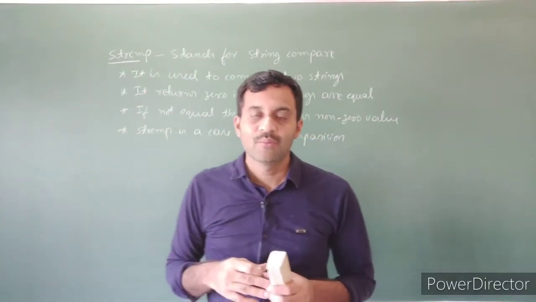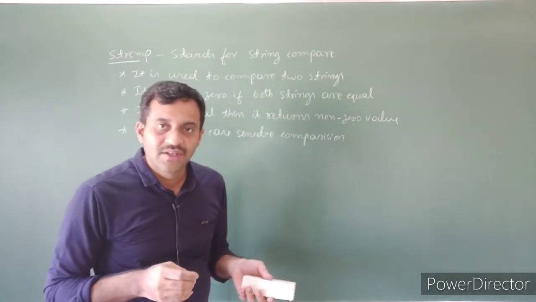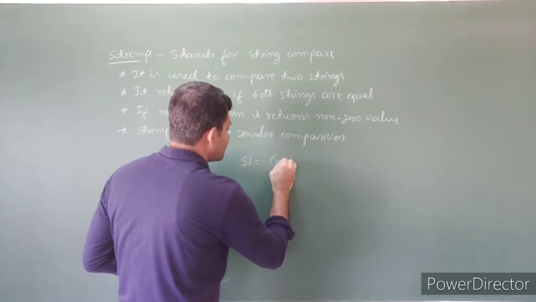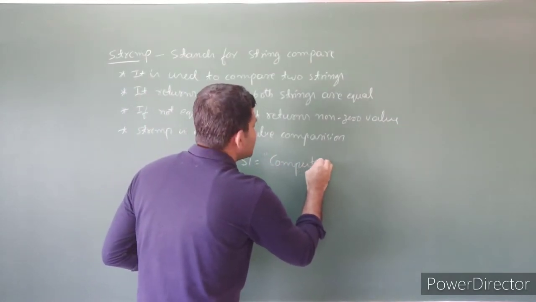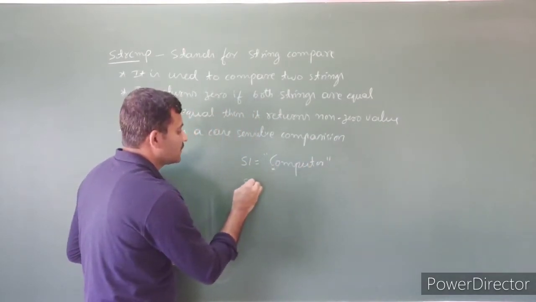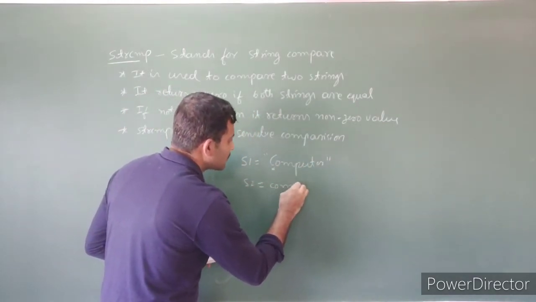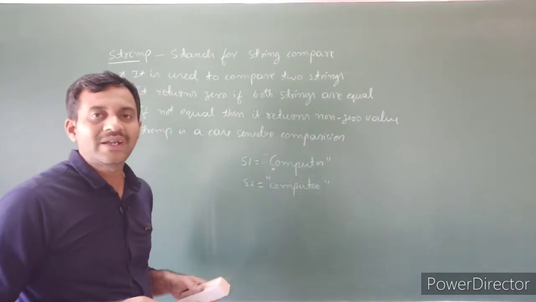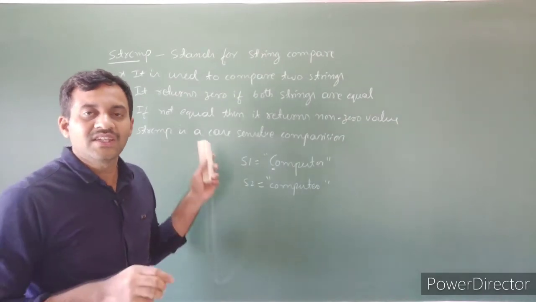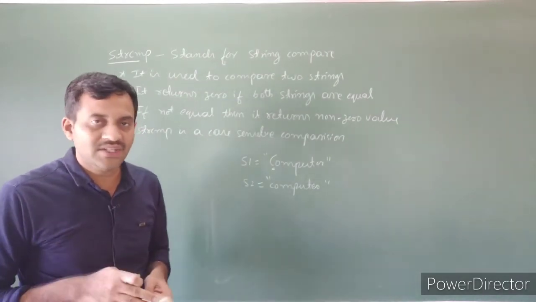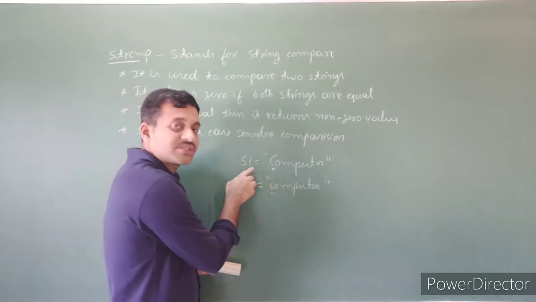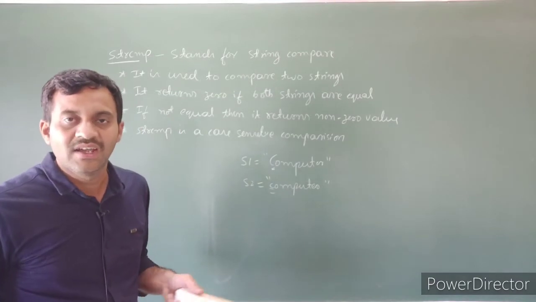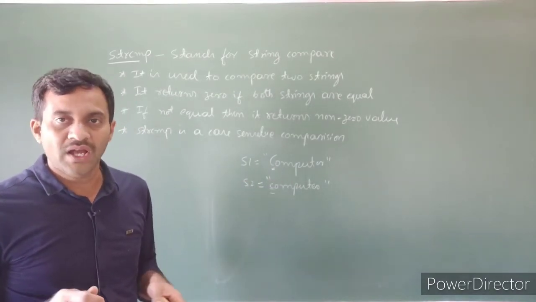For example, if S1 is Computer, where the first character is in uppercase, and S2 is computer, the comparison of S1 and S2 returns a non-zero value because strcmp is a case sensitive comparison. The first character of the first string is capital C, the first character of the second string is lowercase c, hence it returns a non-zero value.